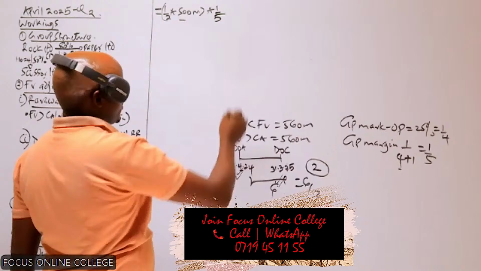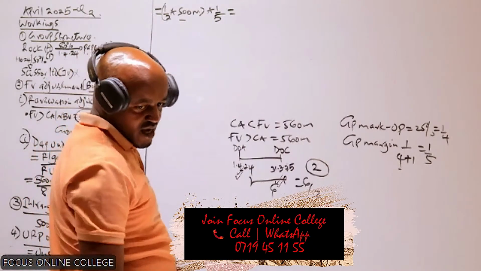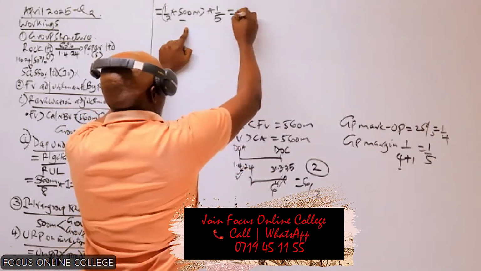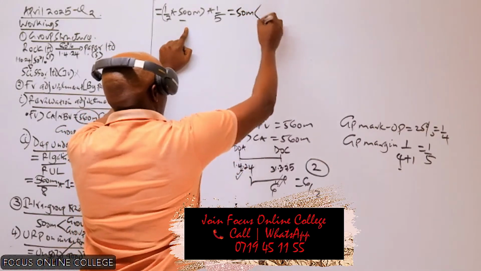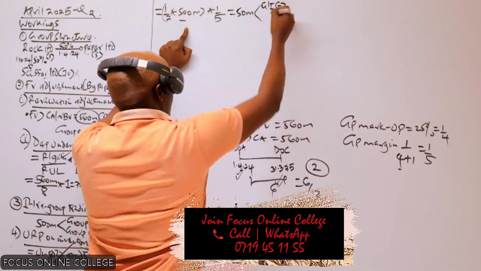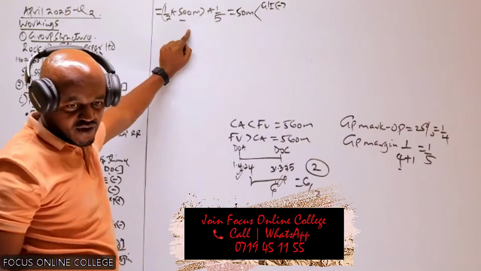So how much will our unrealized profit be? It will be half of 500, and that will be 50 million. Number 1, this unrealized profit will be deducted from the group inventory in preparing our consolidated balance sheet.